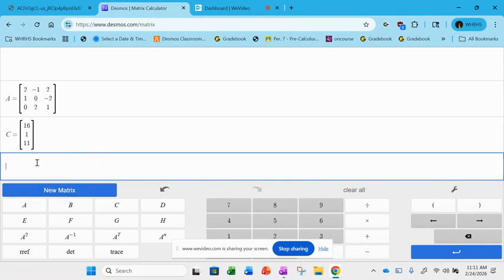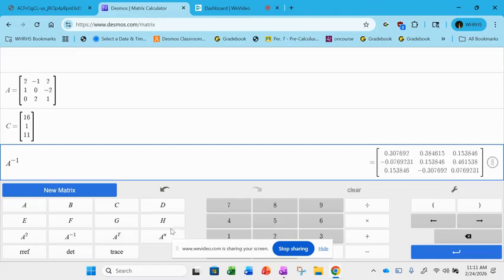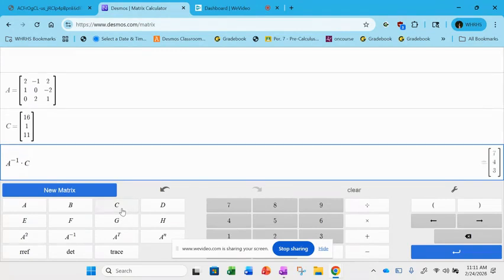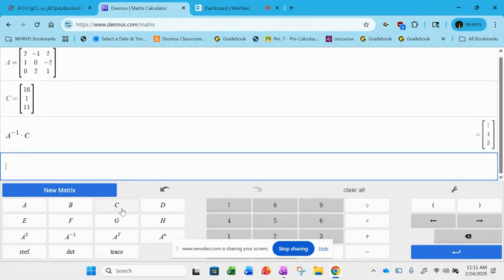And now what we need to do is find the inverse of A, A to the negative first power times matrix C equals, and if you notice at the end, that tells us 7, 4, 3.